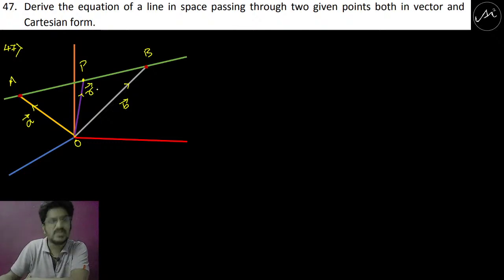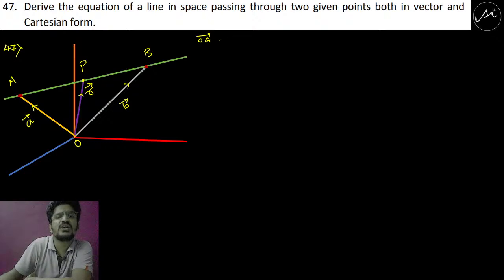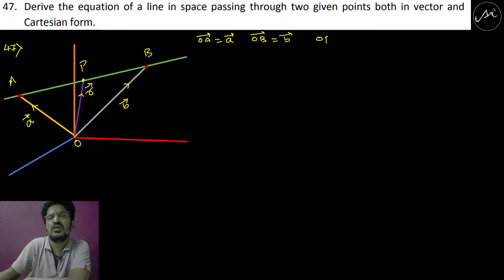So vector OA is vector a, vector OB is vector b, and vector OP is the arbitrary point with position vector r.